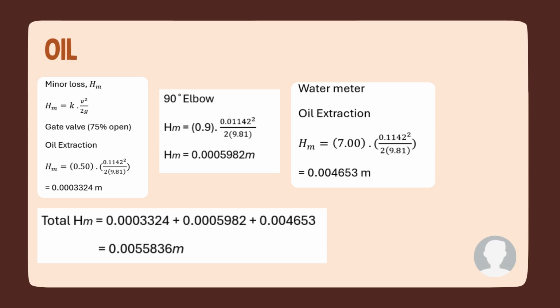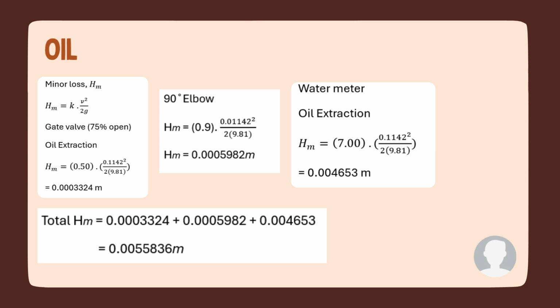So for the gate valve, 75% open, we calculate it and we got the minor loss for the value of the gate valve is 0.000334 meter.